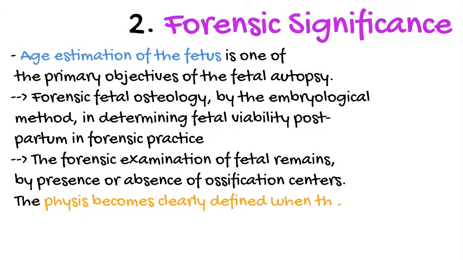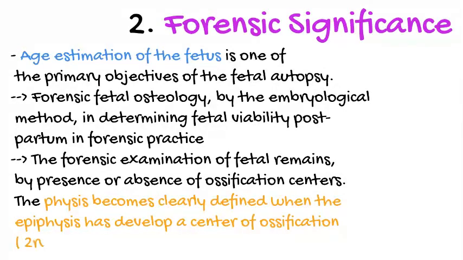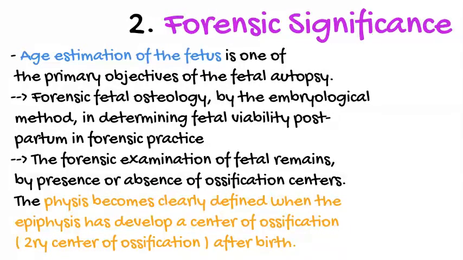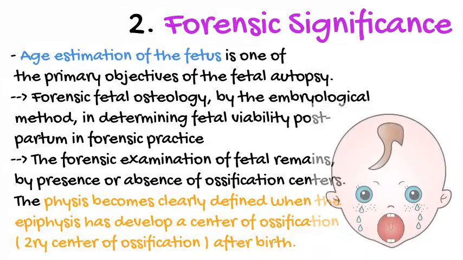In determining fetal viability postpartum in forensic practice, the forensic examination of fetal remains looks for the presence or absence of ossification centers. The physis becomes clearly defined when the epiphysis has developed a center of ossification, a secondary center of ossification after birth.